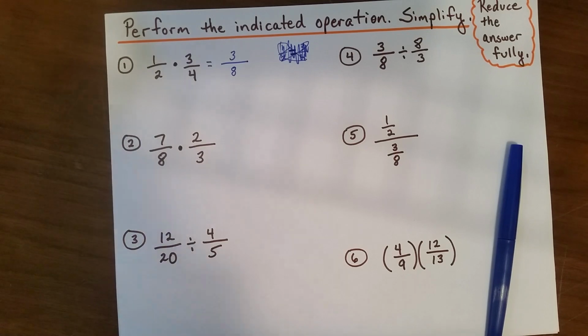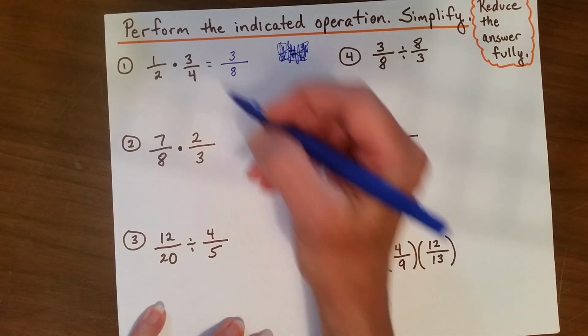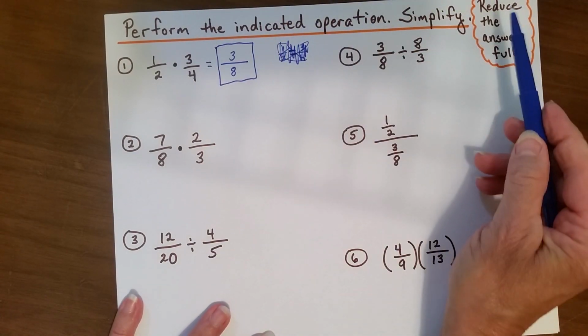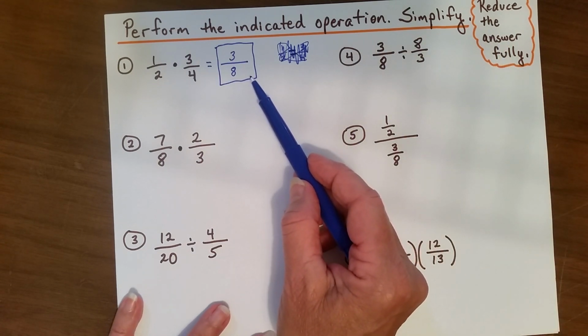Remember when we did simplifying fractions? Where did that go? Oh gosh, I can't find it, but when we did simplifying fractions, we looked to see if numerator and denominator were both divisible by some number, and they're not. 3 and 8 are not divisible by a common number, so we're going to be done right there. So now we have reduced the answer fully. This cannot be reduced any further.